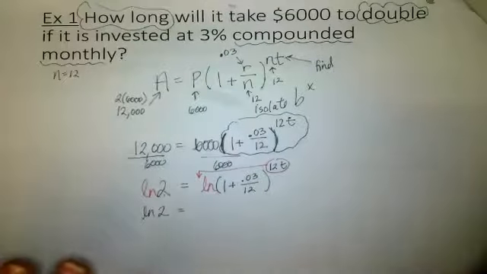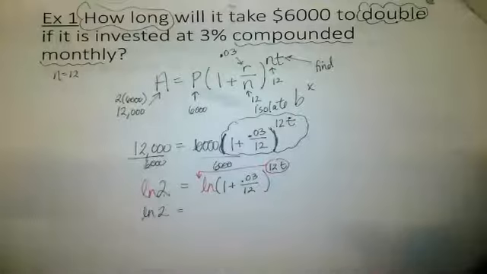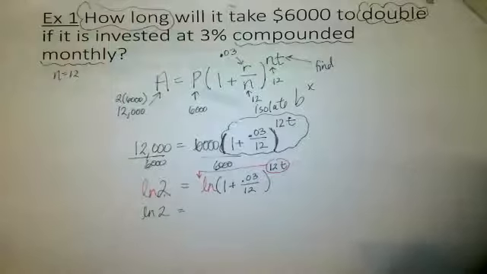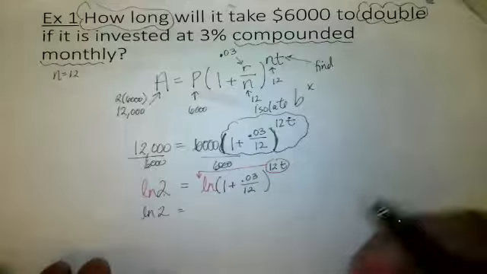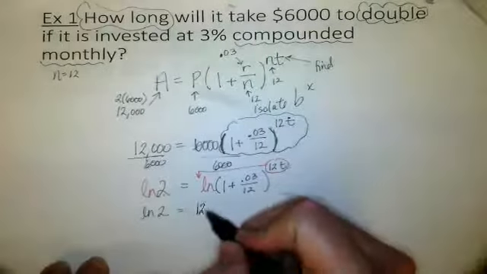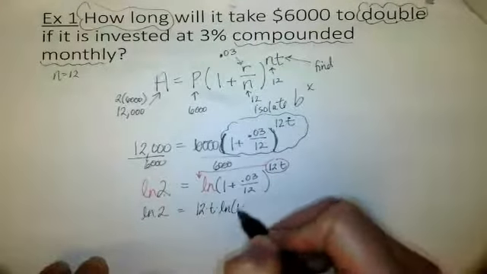It's Latin, so just like Spanish and French, the adjective is after the noun: logarithm natural. So this 12t, 12 times t times the natural log of all this stuff.